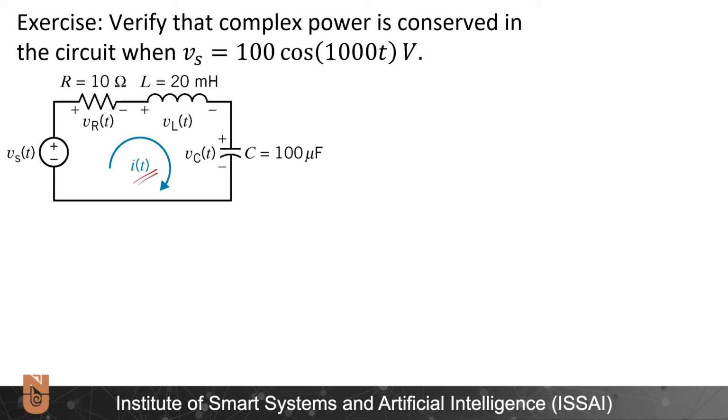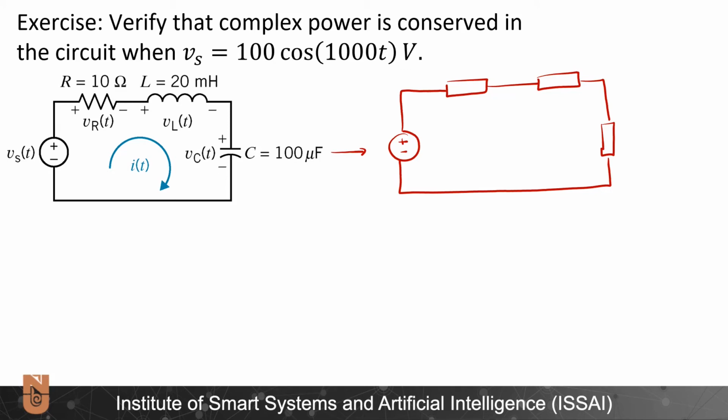But before doing that, I need to convert this circuit to the frequency domain and find the R, L, and C as a combined impedance. Alright, for the voltage, my phasor will be 100 with an angle of 0. The resistance is 10.